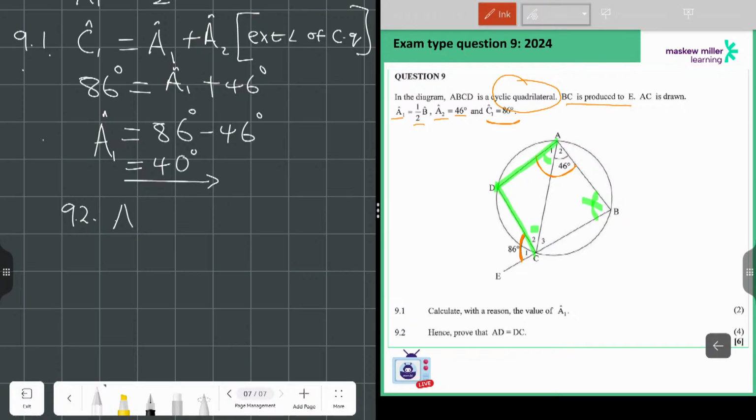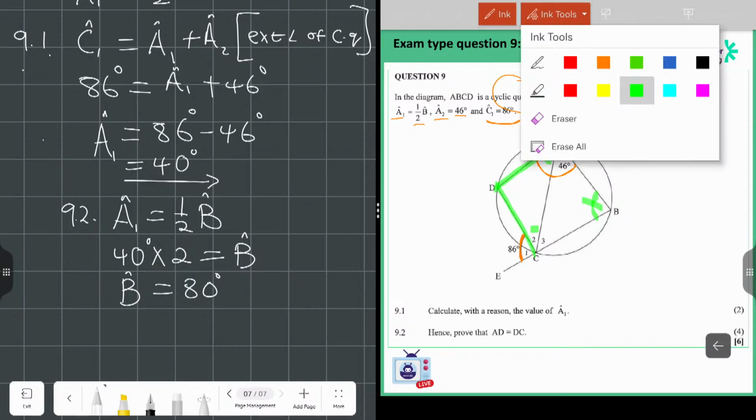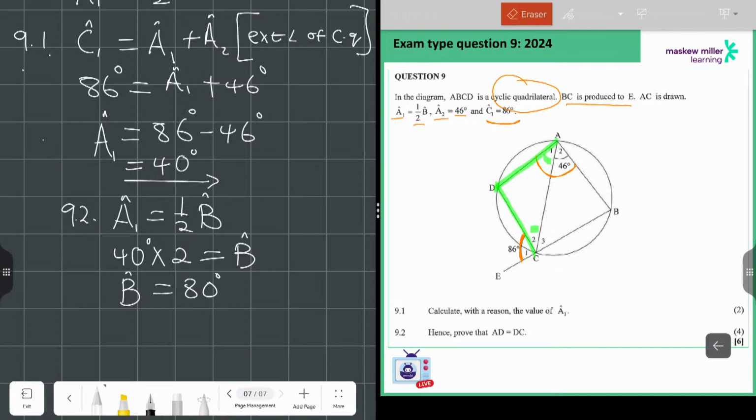So angle A1 equals half angle B. So I'm looking for angle B. That means I have 40 multiplied by 2 equals angle B. So that means my angle B is literally 80 degrees. Okay, so if now I know that the angle here, let's remove this.